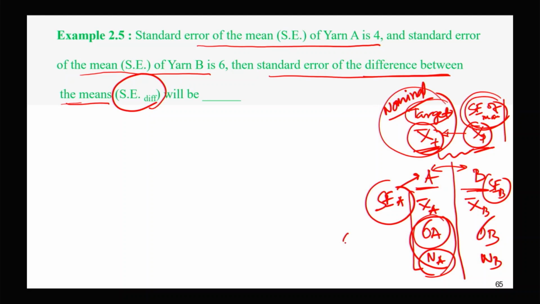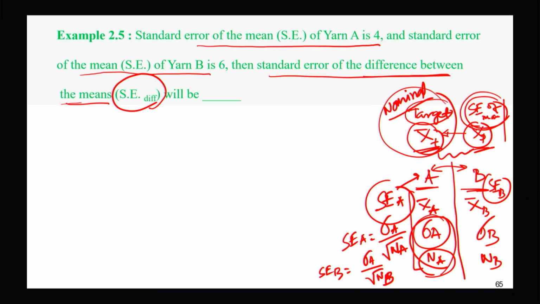So the standard error of A will be, from the earlier relationship, and the standard error of B, using the number of samples. Now, here one thing we should understand.